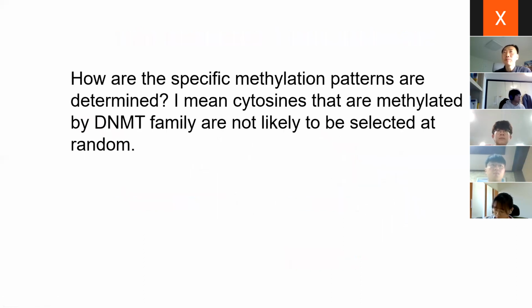How about this question? There are many Cs, but the site should be random. It cannot be random, right? There should be some good control. Which C should be controlled, which should be methylated, and which should not be methylated.